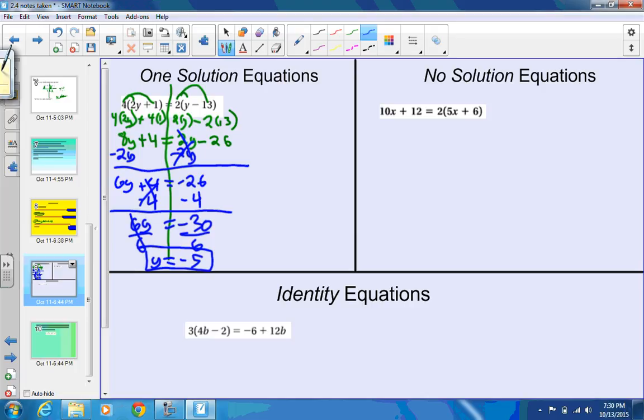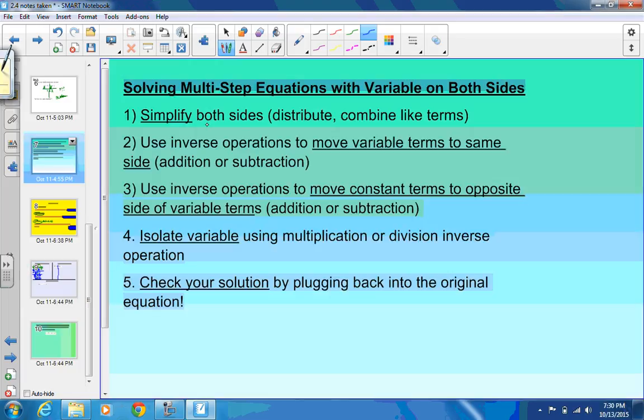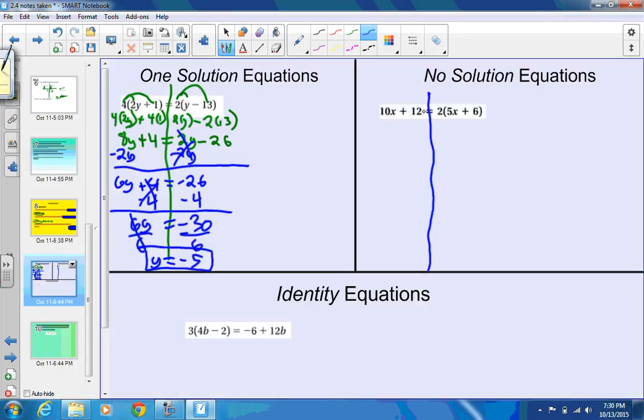Let's try this one on the right here. So I'm going to make this wall again. And I'm going to start by doing those steps again. Simplify both sides and see if there's any distributing or combining like terms. The left side, there's nothing I can do. So I'm going to bring that down and keep that as 10x plus 12.